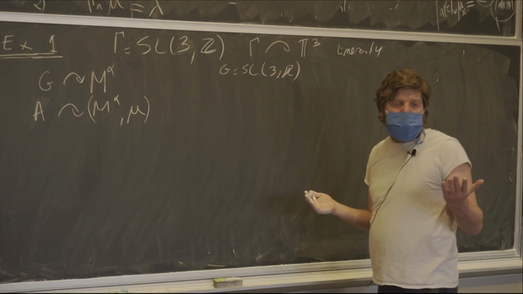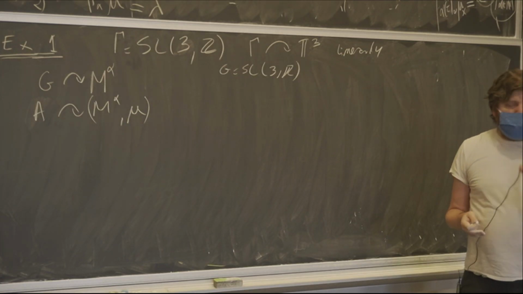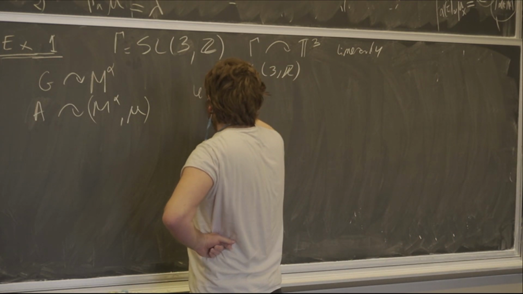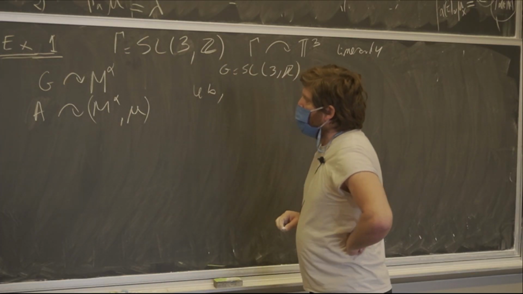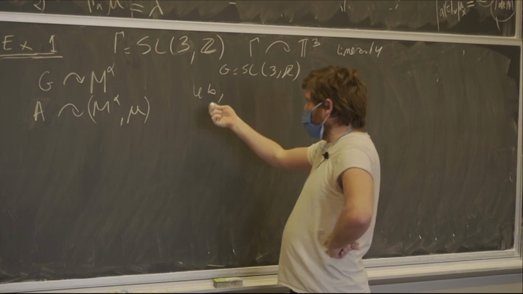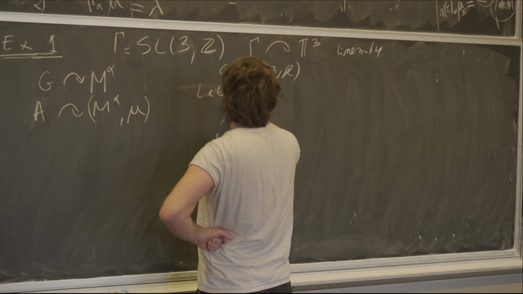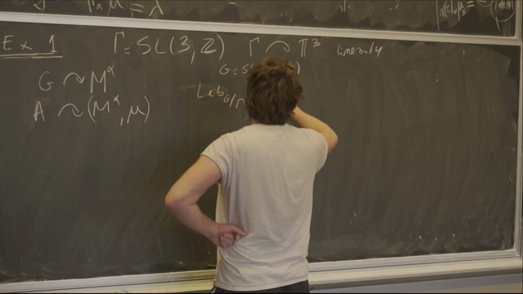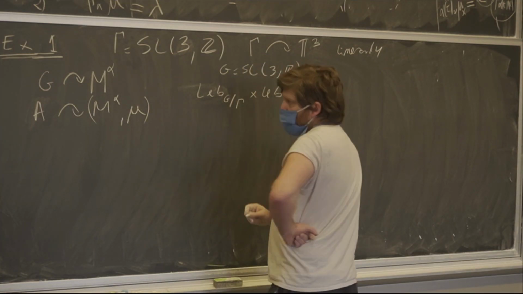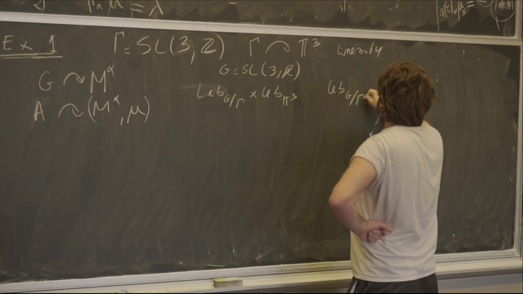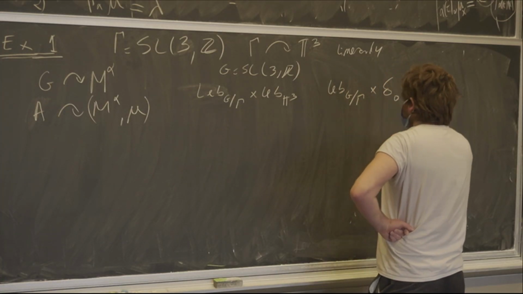I don't care really which is the measure here. There are two favorite measures to be preserved here. One is Lebesgue in G mod gamma times Lebesgue on the torus T3, or you can take Lebesgue in G mod gamma times delta 0.